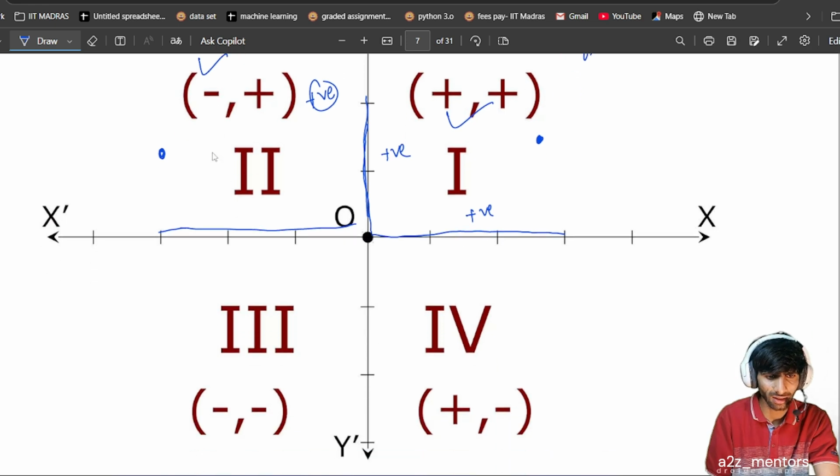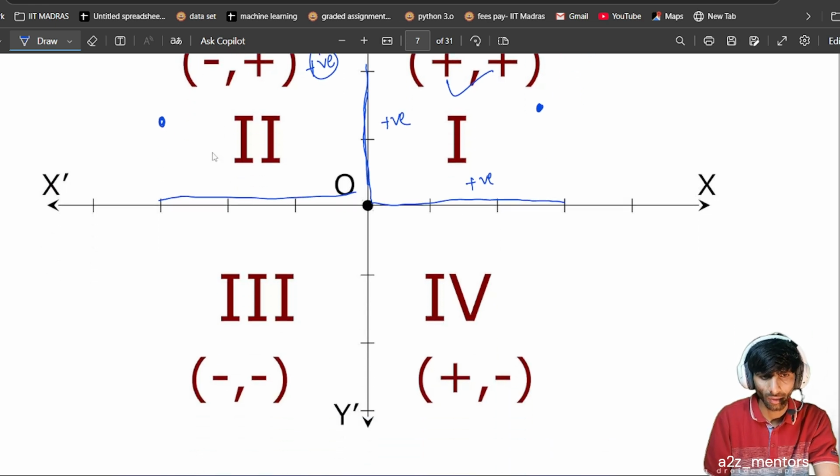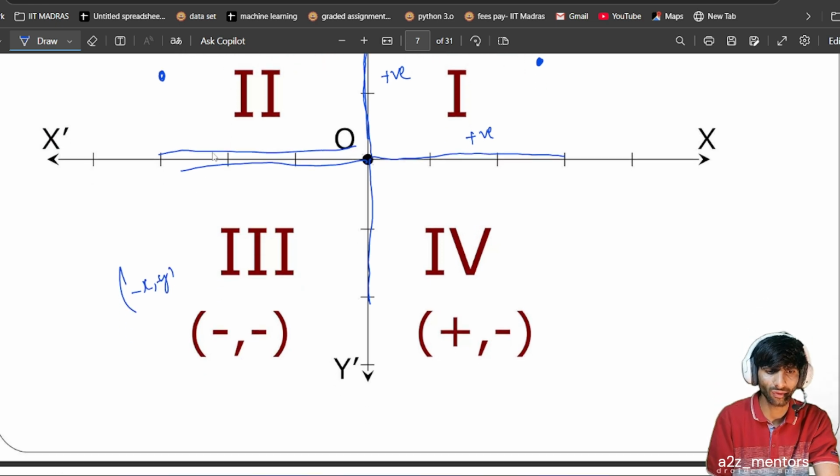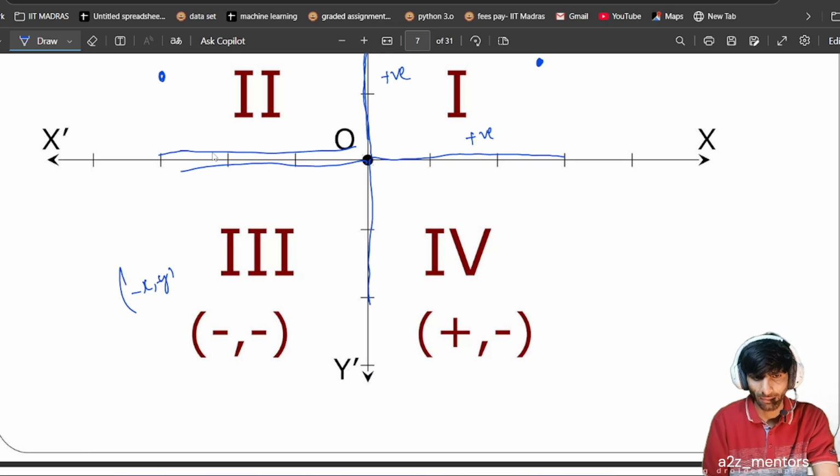In the third quadrant, this is the minus y-axis and this is the minus x-axis, so the point will be minus x comma minus y. In the fourth quadrant, the x-axis is positive but the y-axis is negative, that means the point will be x comma minus y.